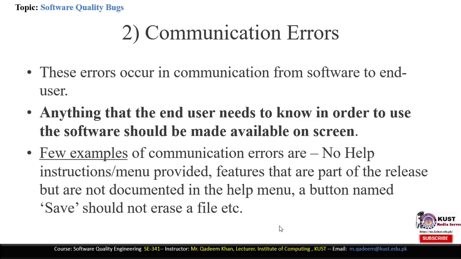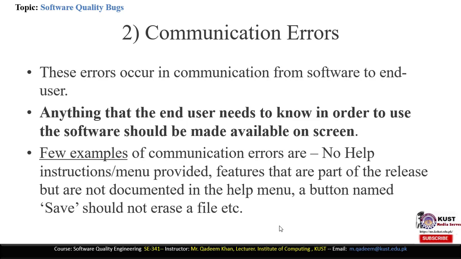Some things that the end users need to know in order to use the software should be made available on the screen. When a user is using certain items or units of functionality, that information should be available to the end users.